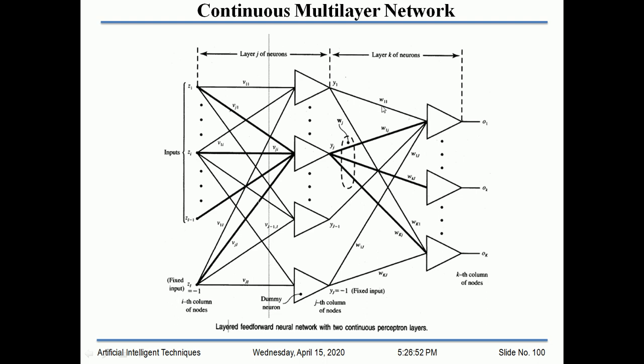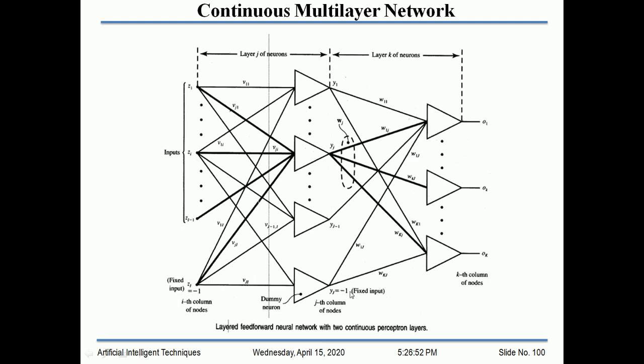So this is the first neuron of the output layer, and this is the first neuron of the hidden layer, so this interconnection weight is W11. This is the first neuron of the output layer, this is the jth neuron of the hidden layer, so you indicate it as W1j and so on.